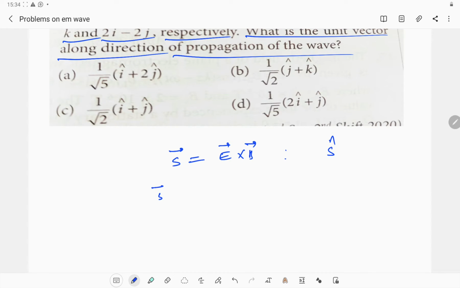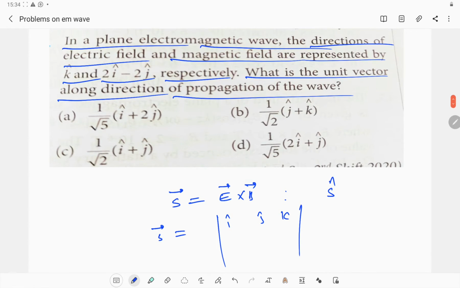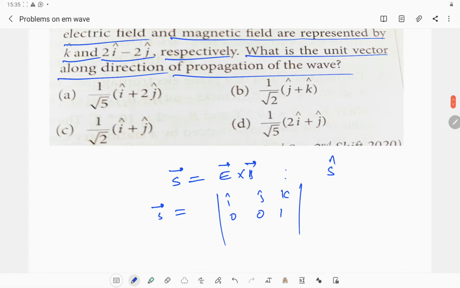First of all, find out S bar, therefore i cap, j cap, k cap, and the components of E bar, that is given as electric field, is only k cap, therefore 0 0 1, whereas the magnetic field is 2 minus 2 0.